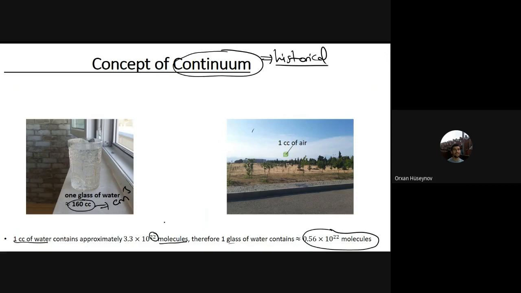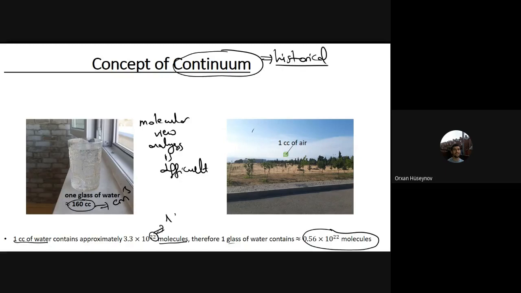So what does this picture tell us? This picture tells us that if you are trying to understand the motion of flow, for example, what happens inside this glass of water from the molecular point of view, it is very difficult. Let me write it. Molecular view analysis is difficult, because there are lots of interactions, 10 to the 22 molecules interacting with each other.